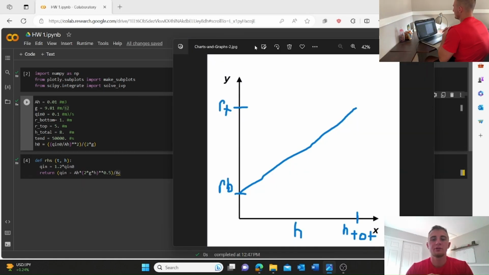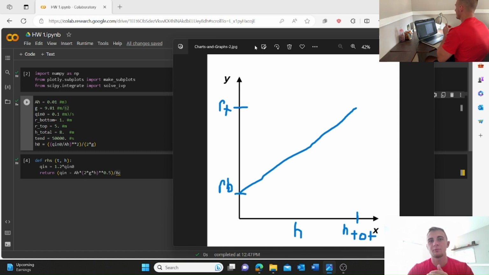So what we can do here, because we are given values for both the radius of the top of the tank and the radius of the bottom of the tank, as well as the total height of the tank, is plot the radius on the y-axis and the height on the x-axis. And because we know that this relationship is linear, we can create a y equals mx plus b equation that allows us to solve for r, the radius.